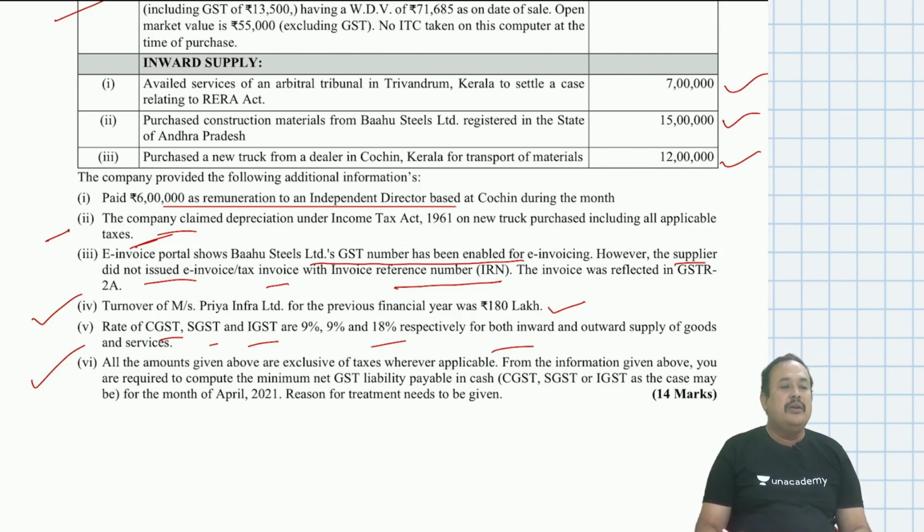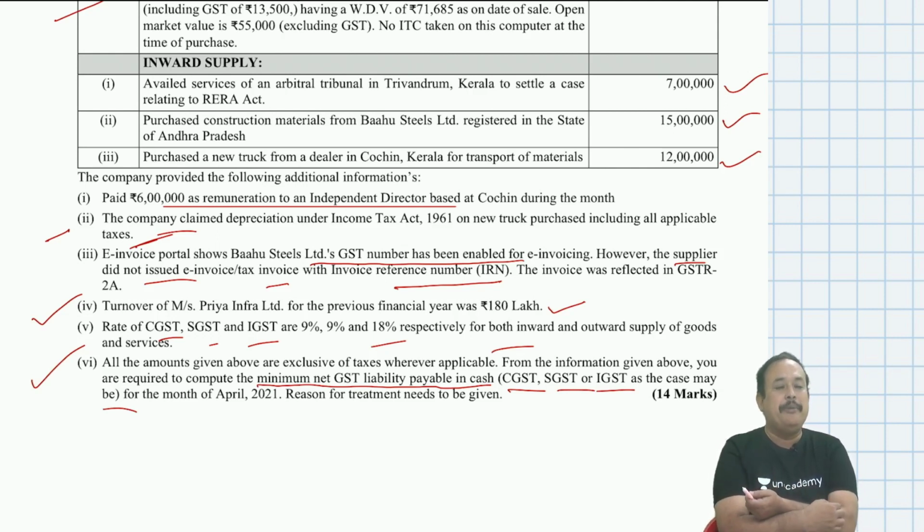From the information given above, you are required to compute the minimum net GST liability payable in cash, CGST, SGST, IGST as the case may be, for the month of April 2021. Reasons for treatment need to be given.